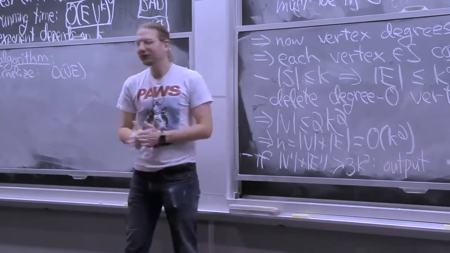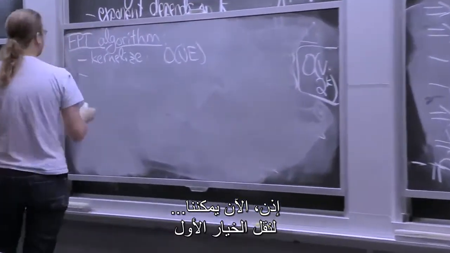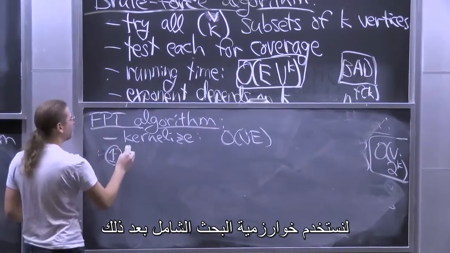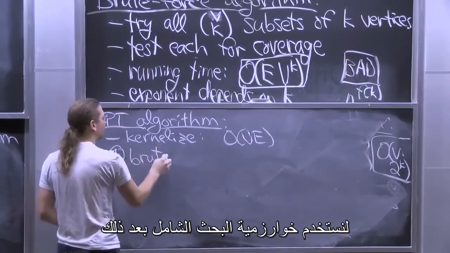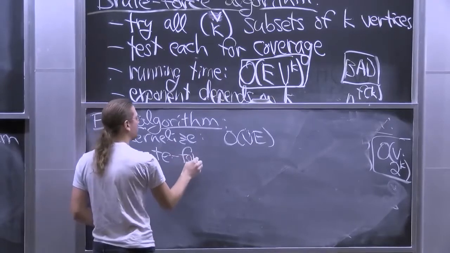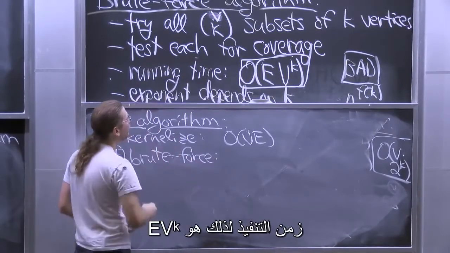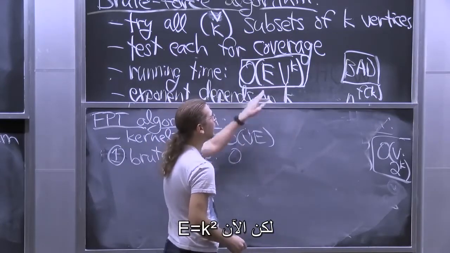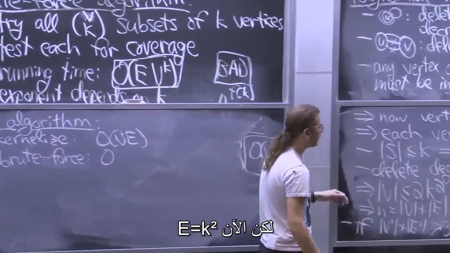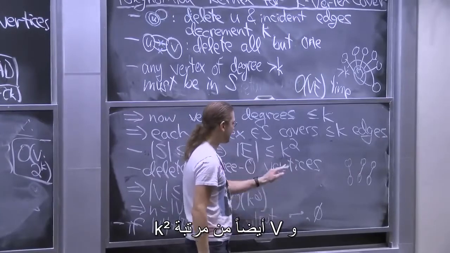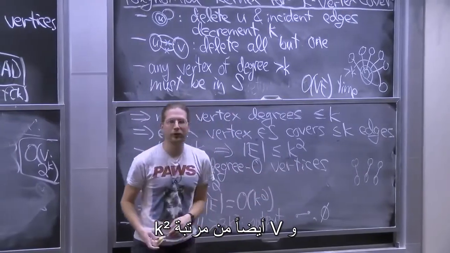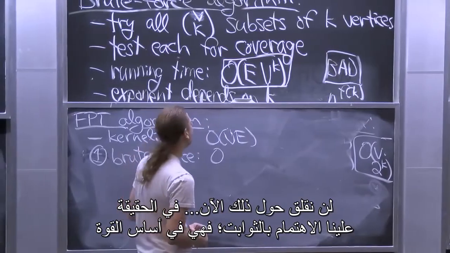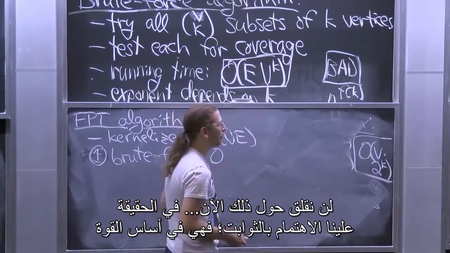All right, so now let's say option 1, let's use the brute force algorithm after that. The running time of that is E times V to the k, but now E is k squared, and V is also order k squared. I do have to worry about constants here because it's in the base of an exponent.